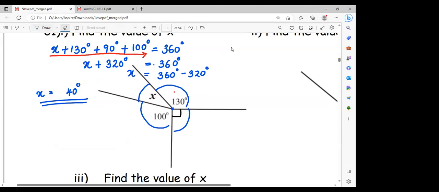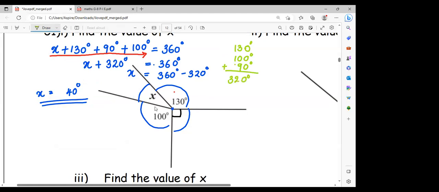We can sum up the magnitude of the given angles. It is 130, 100 and 90. Then we obtain the answer as 320. Okay.